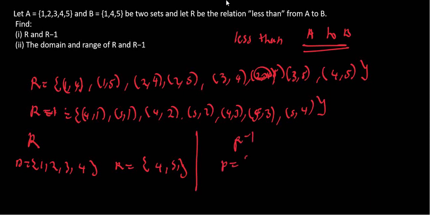The domain there is 4 and 5, and the range is 1, 2, 3, 4. Just like that. So that is how we answer the questions based on relations and functions. That's all, just like that.